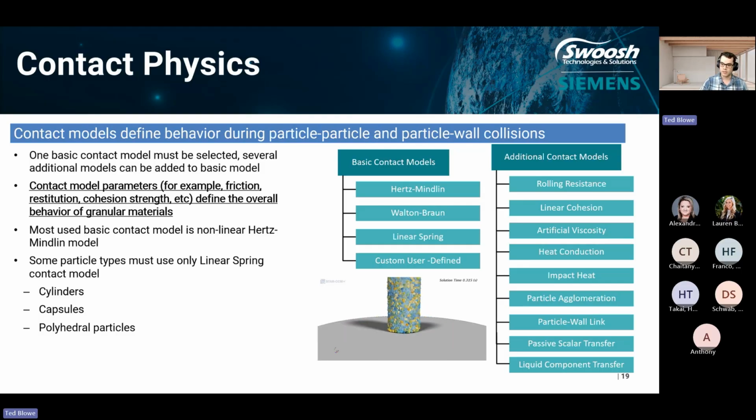It can be a custom physics implementation where you have a linear spring with added cohesion, or velocity-dependent dissipation, or a conditional or state-dependent contact behavior. And the user-defined contact force is ideal for research, calibration workflows, or proprietary material models.